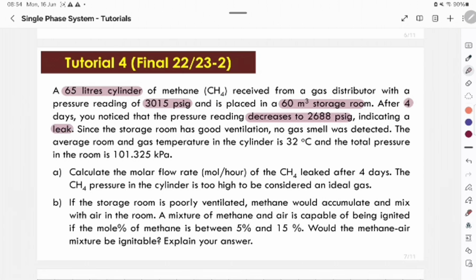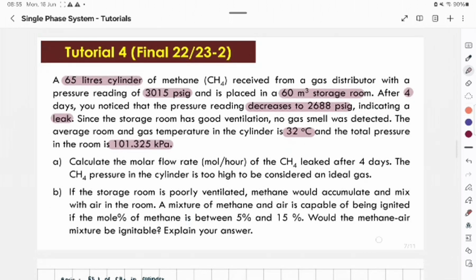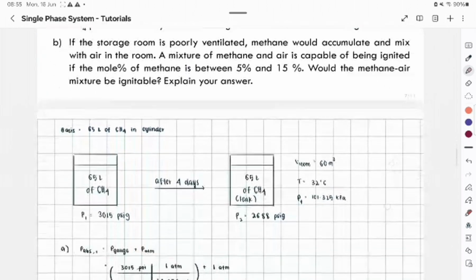Since the storage room has good ventilation, no gas smell was detected. The average room and gas temperature in the cylinder is 32 Celsius and the total pressure in the room is 101.325 kPa.